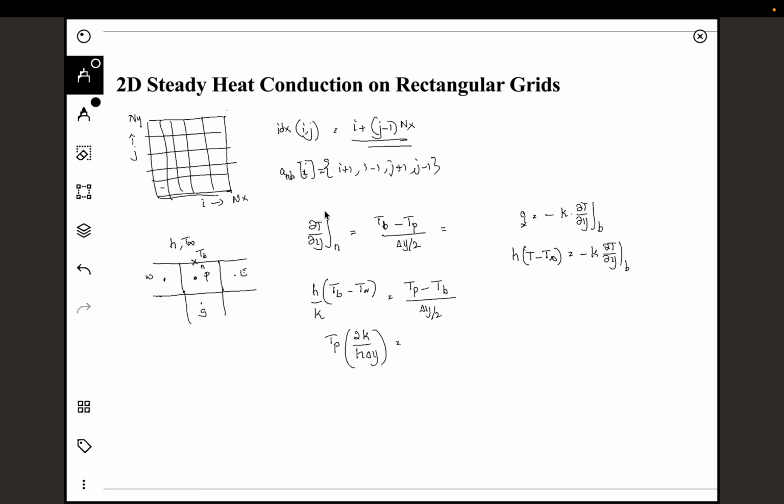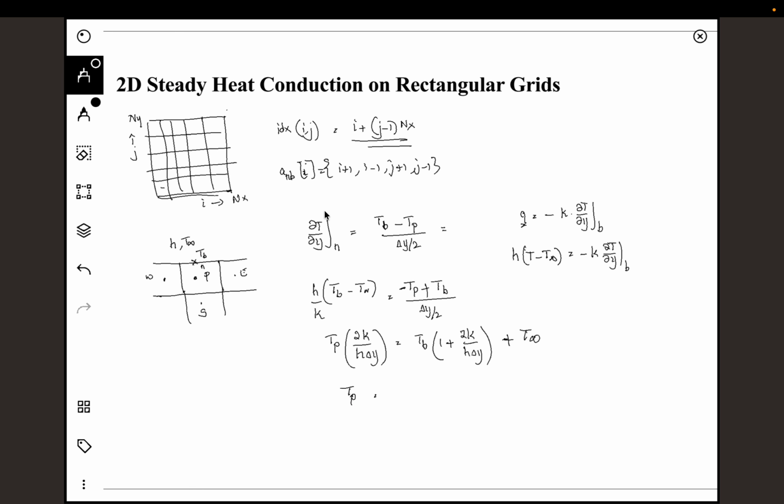So this is the TP term, and then we have TB times 1, plus 2K by H delta y, and then the T infinity term. I think I changed the sign somewhere, so this will be minus TP plus TB. If I take this on the RHS, you have plus here, so something like this.